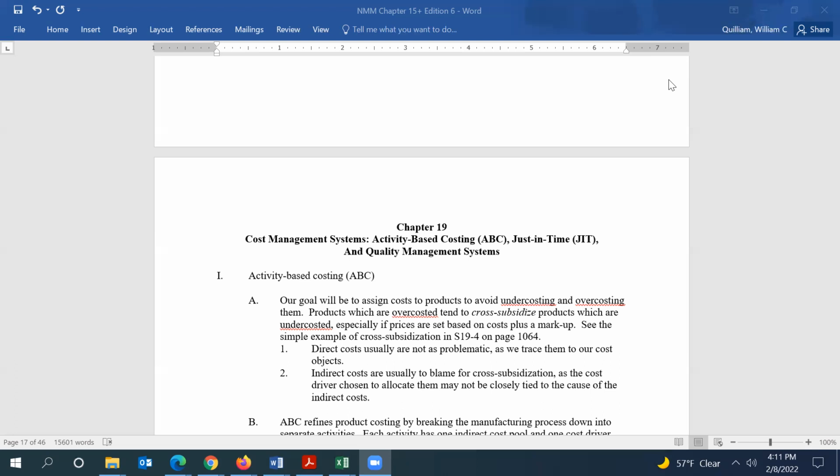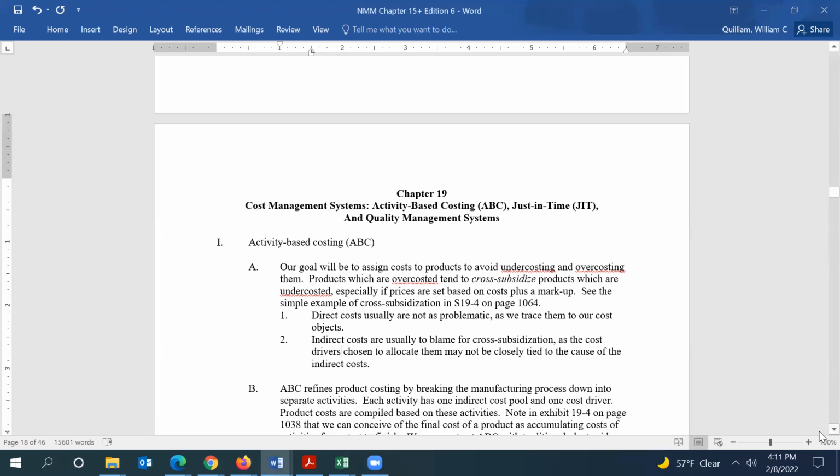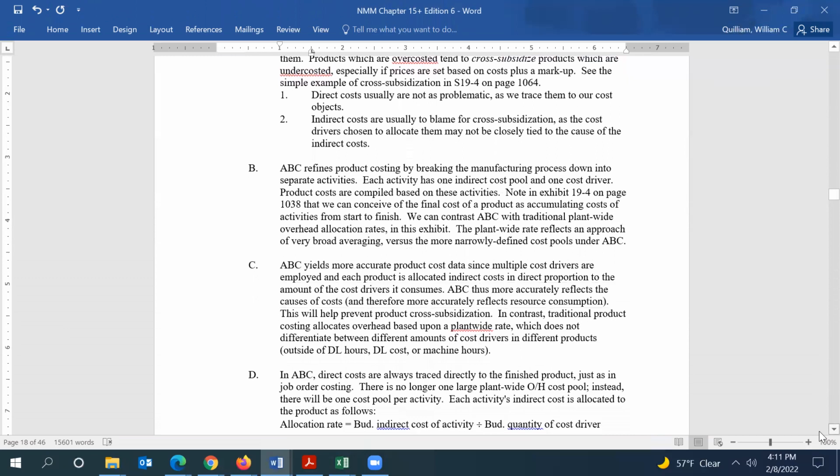And they're usually to blame for cross-subsidization, as the cost driver chosen to allocate them may not be closely tied to the cause of the indirect costs. Whoops, left off an S here. Let me put that on. I'll be showing you an example in just a bit, but I just wanted to set some things off.